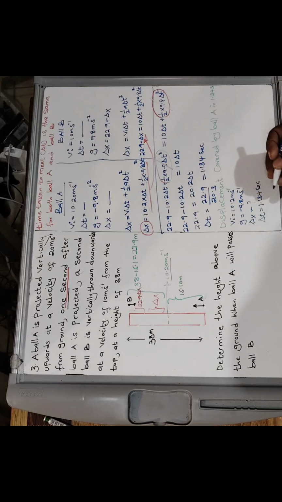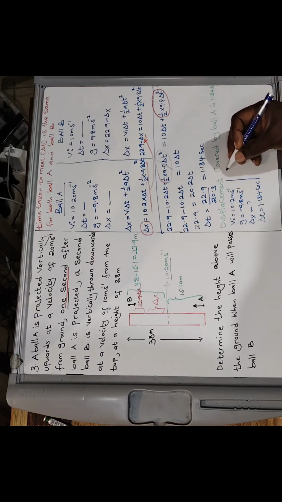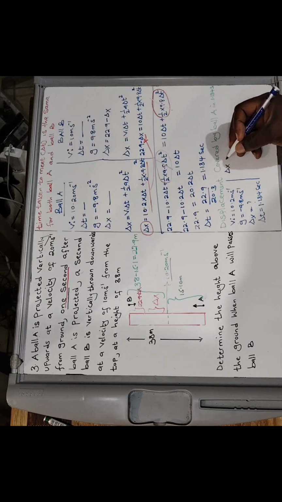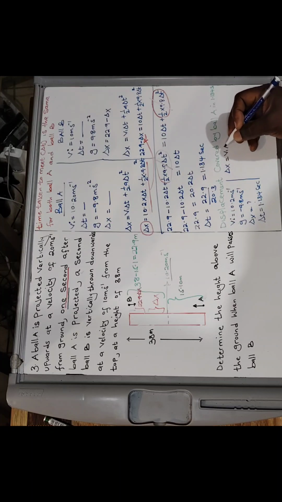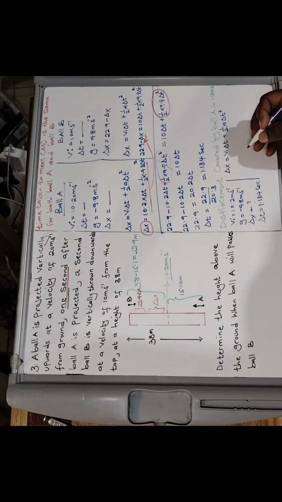Now, when you look at this data, you ask yourself, what equation is this one? The equation is going to be the third equation, which is delta x is equal to vi delta t plus half a delta t squared.